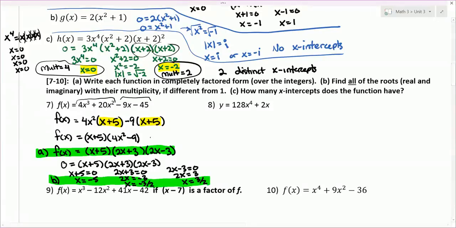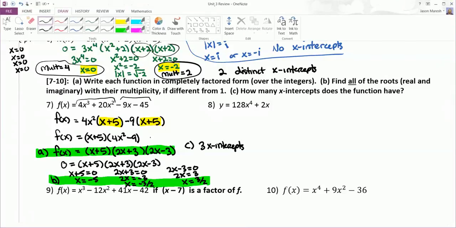And then part C, how many x-intercepts? So for part C, we're going to state 3 x-intercepts. Because really what C is asking is, you take a look at your answer to B and count how many of those are real, not imaginary. So that is part C.